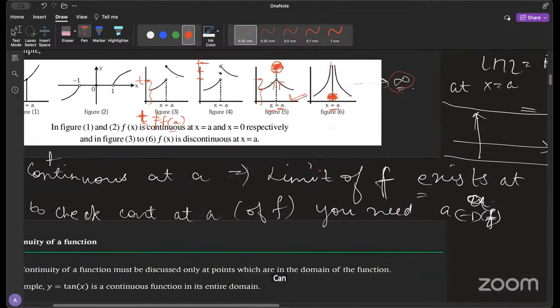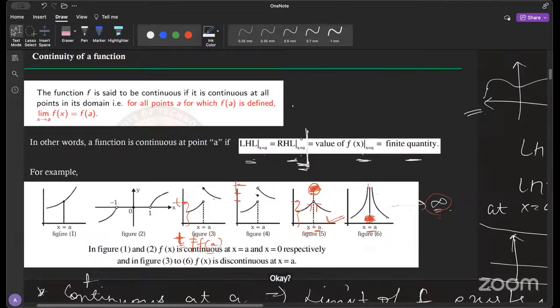Can we move on to the next topic if this part's clear? Yes, ma'am. Ma'am, there is one point you said: in figure 1 and 2, f(x) is continuous at x. You said we'll discuss that point. Yeah, I'm not sure if we have this here, or maybe we just have this here. So that's why I wanted this thing to be clear at this point.